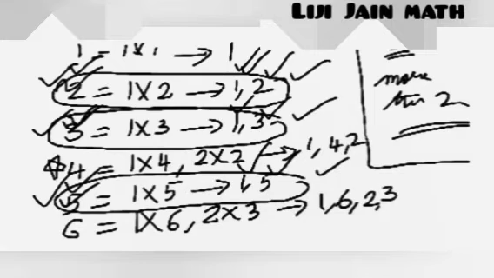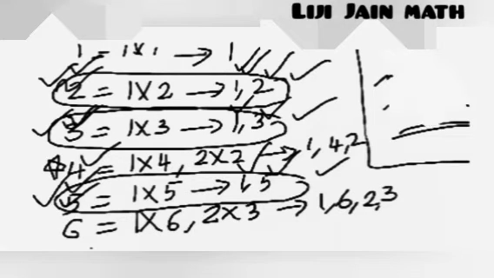We know prime numbers have only 2 factors, but 4 has 3 factors. That means 4 has more than 2 factors. 3 is more than 2, isn't it?